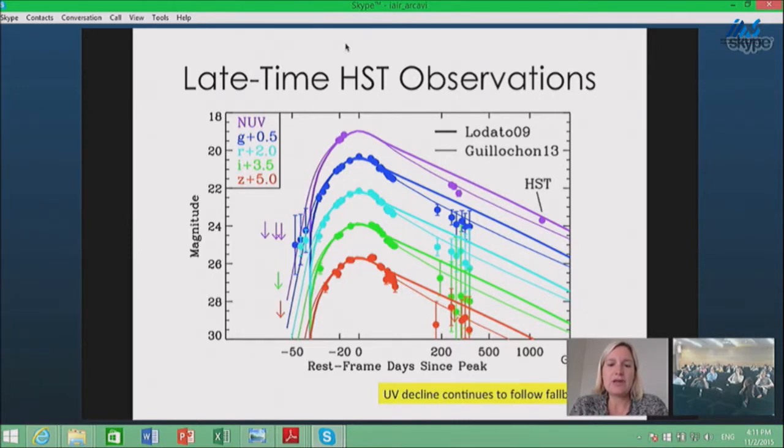And the Guillochon models fit some of the structure in the later portion of the light curve a little better than the Lodato model. But you can see that basically the UV is continuing to decline close to these fallback rates and consistent with a t to the minus 5/3 power law. And this is 3 years after the peak.